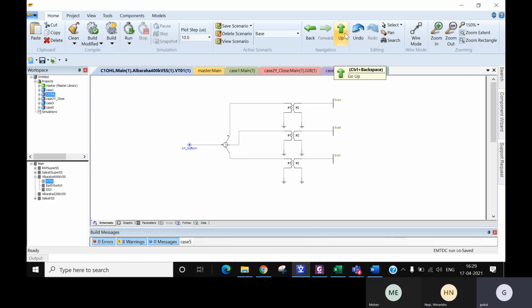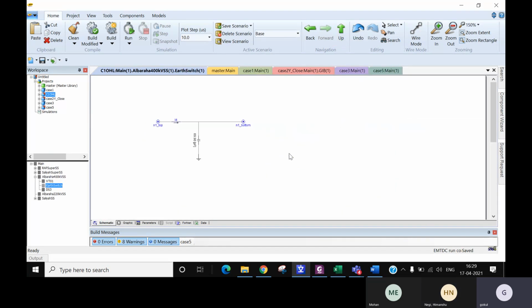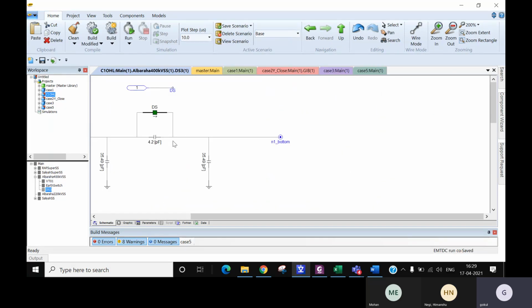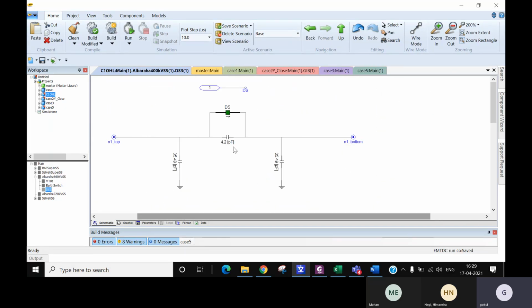So the next thing is the earth switch. This you have to model with the capacitance, and this disconnector you have to model with a grading capacitance. The grading capacitance means if there is a disconnector, between the two contacts there will be some capacitance, right?